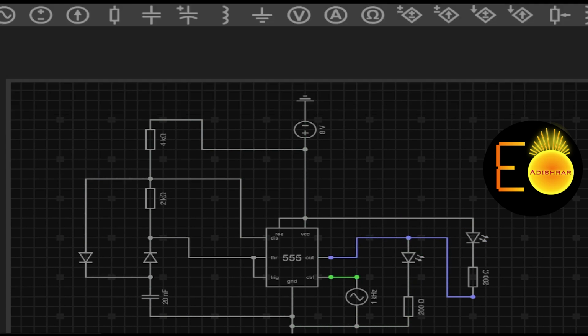Here, I replaced the capacitor by a sinusoidal source of 1 kilohertz, because the output switching was at very high frequency, and compared to that I have used a very slowly varying signal at the control voltage. So what am I going to gain? I must show you the internal circuit diagram once again.